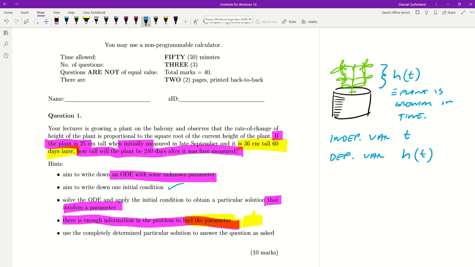The other thing that I can take care of is now I can work out the rate that I'm interested in. I've got my dependent and my independent variable, so I can write down dh dt equals question mark, right? And I've got to work out what that question mark is so I can build my complete ODE. Let's go back to the question.